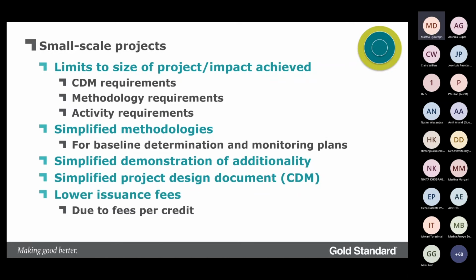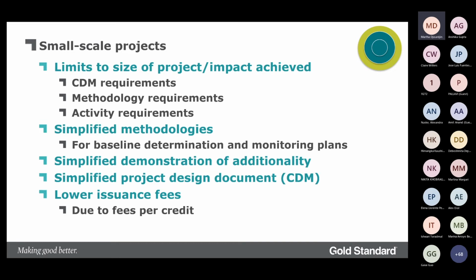And we also have lower issuance fees at Gold Standard. So if it is a Gold Standard VER project, a Gold Standard project that issues Gold Standard verified emission reductions, then the issuance fees will be lower simply because we have issuance fees per credit. So it's not per project. We don't say 10,000 per project for issuance. We say that much per credit issued. So the smaller the project, the lower the fees, and the larger the project, the larger the fees.